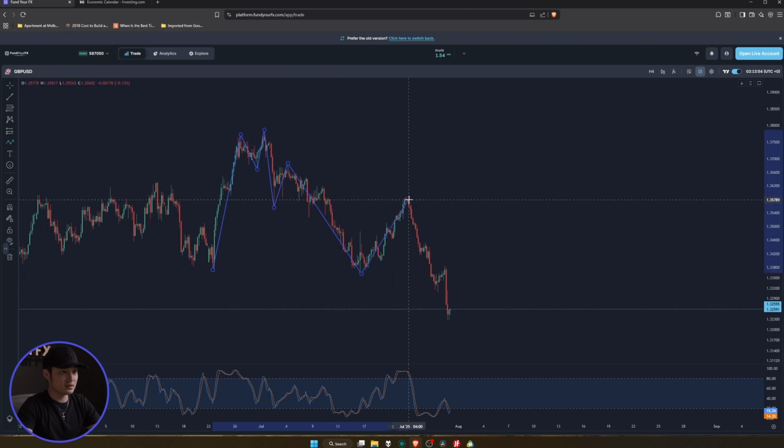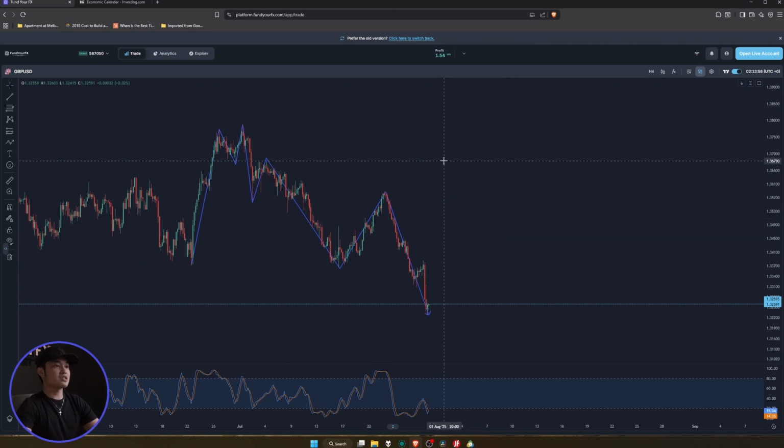The bearish structure has been validated through the break of structure right here. This was the validation that the price already changed its behavior, or the trend already shifted from bullish to bearish momentum or bearish structure.